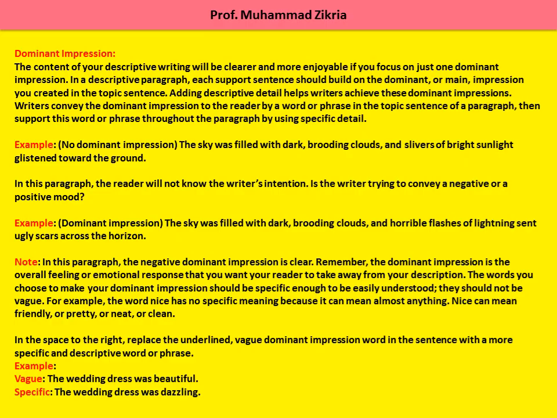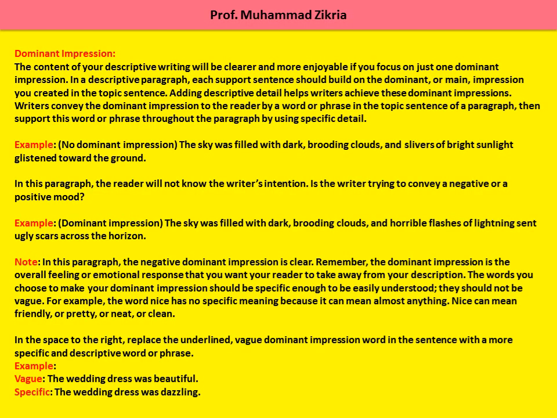Remember, the dominant impression is the overall feeling or emotional response that you want your reader to take away from your description. The words you choose to make your dominant impression should be specific enough to be easily understood. They should not be vague. For example, the word nice has no specific meaning because it can mean almost anything. Nice can mean friendly or pretty or neat or clean.